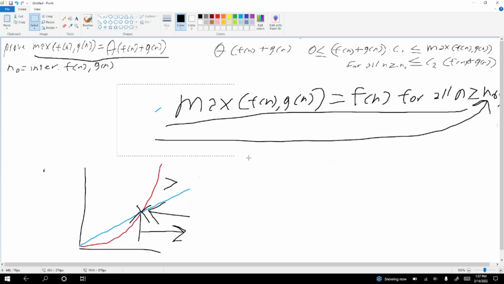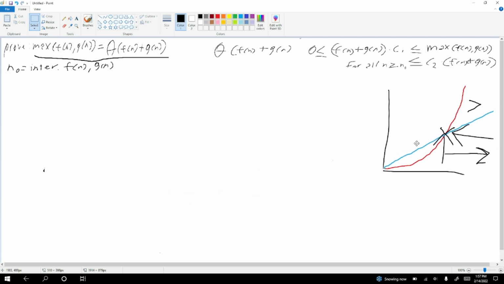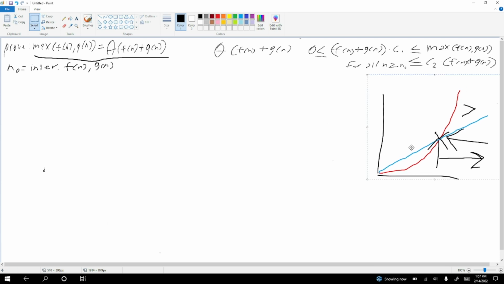Put it down here, and then let's go back to our brush. And this is n0, right at that point. Okay, so we've picked an n0. It's a good first step.